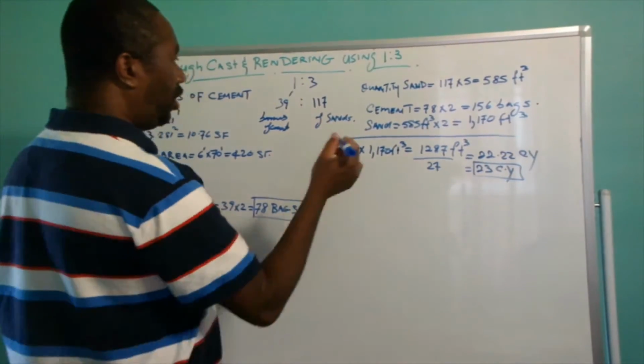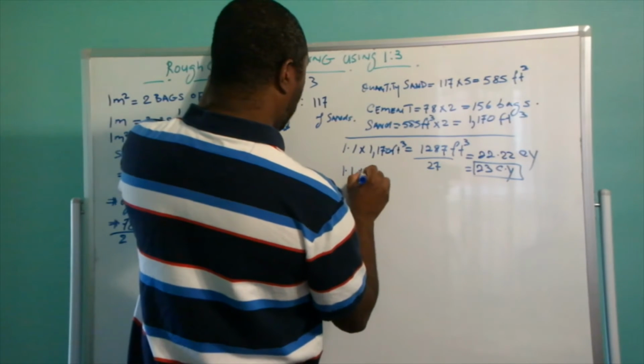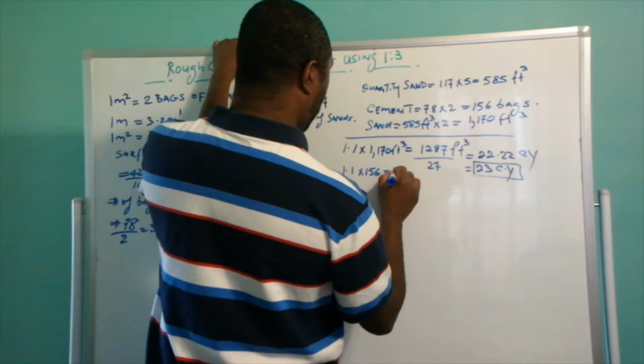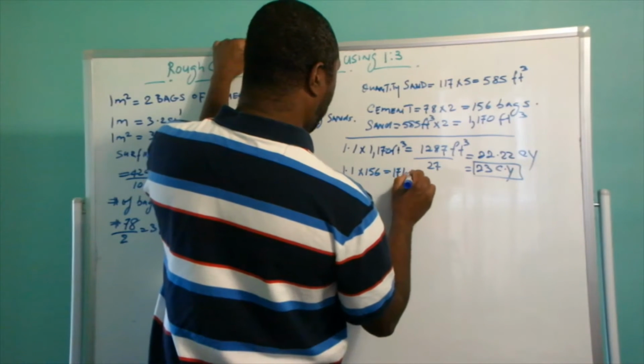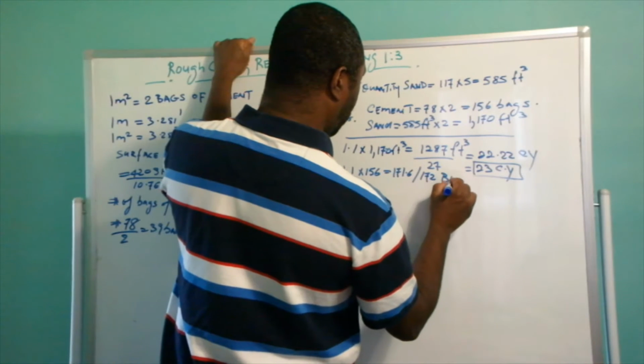And we're going to do the same thing for the cement. So we're going to have 1.1 times 156, and that works out to be 171.6, and we can round this off to 172 bags.